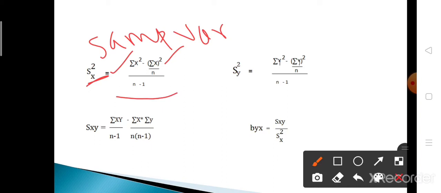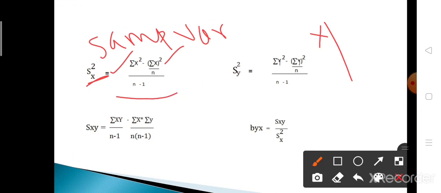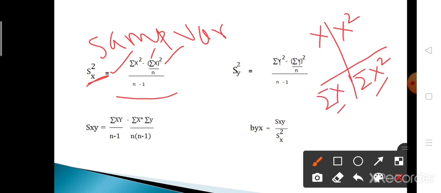If we are given the random variable x, summation x square means the sum of the column of x square, so we need to make the column x square. Summation x means the sum of the column of x. Now just plug the values in the formula, then we will get the value of sx square.